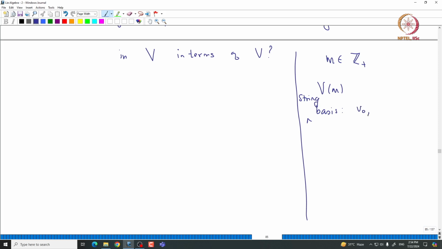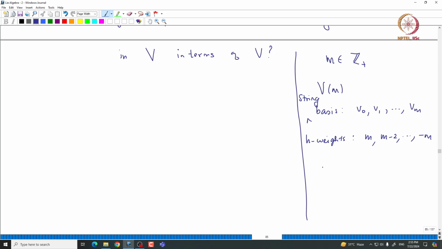Let us call it v0, v1 etc. vm, whose h weights will be given by m, m minus 2 and so on up to minus m. Basically all the h weights form an unbroken chain starting from m and ending with minus m, where successive differences are just 2. In particular, all these weights have the same parity as m.